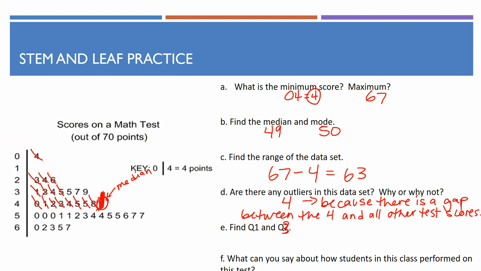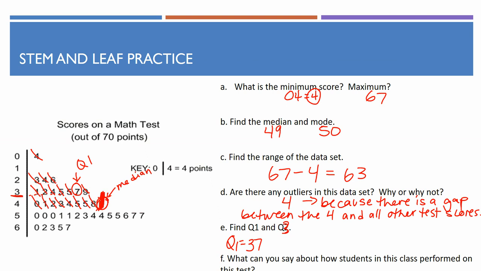The next lowest would be 35, and the next highest one would be 39. So this 7, that represents my Q1. But remember, it's not really a 7, it's a 7 with a 3. So it's a 37. So Q1 is 37.